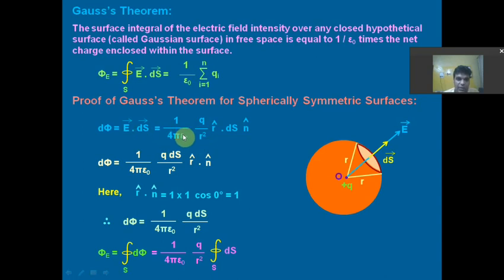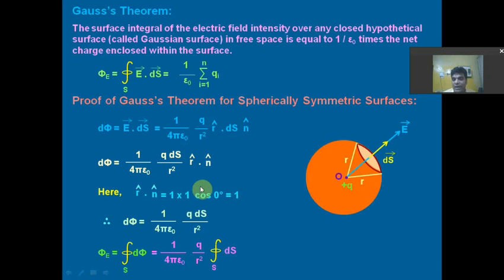So this gives E vector equal to 1 by 4 pi epsilon naught q by r square into r cap, and this is the definition of area vector which we have defined in the earlier slide, ds n cap. So from this expression we have 1 by 4 pi epsilon naught q ds by r square, r cap dot n cap. What is the angle between this r cap and this n cap? r cap is basically a unit vector here.